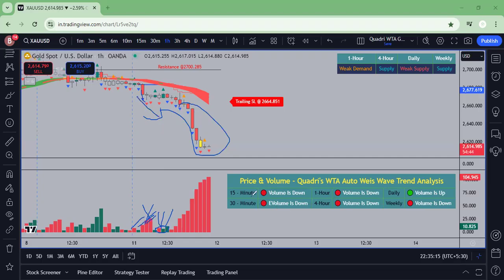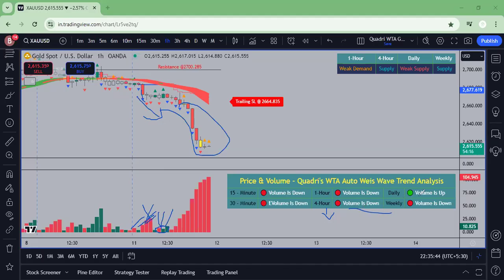So here is what I did. This is basically a tool especially for anyone trading on a 1 hour time frame. It shows you the last individual 4 hour candle direction, whether it is up or down, whether volume is down or volume is up.